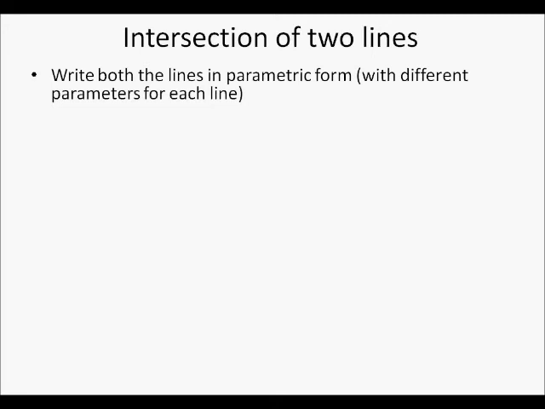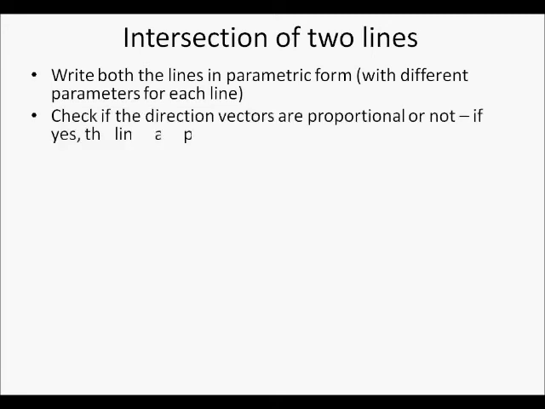As I just said, you can write R1 is equal to A1 plus lambda B1, and the next line R2 could be A2 plus mu B2. Use different parameters, lambda and mu, and write them in parametric form, not in this vector form. Then check if the direction vectors B1 and B2 are proportional or not.